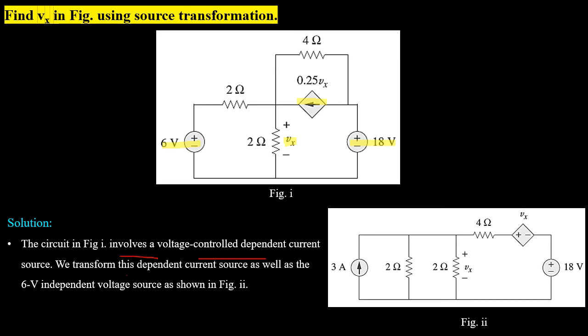The first step of source transformation will include transformation of the 6 volt independent voltage source into a current source of 3 ampere, and the voltage controlled dependent current source will be transformed into a voltage controlled dependent voltage source, and the resultant circuit is shown in figure 2.